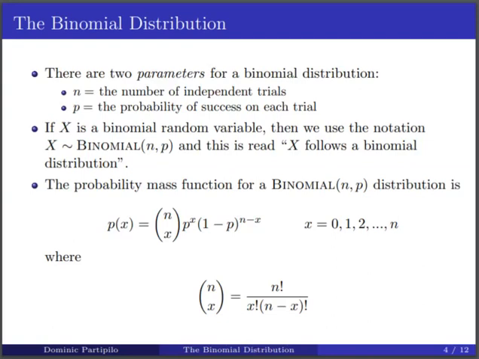And n choose x, if you're not familiar, is n factorial over x factorial times n minus x factorial. And if you're not familiar with what a factorial is, it's just that number times each of the integers below it. So 4 factorial would be 4 times 3 times 2 times 1, which would be 24.